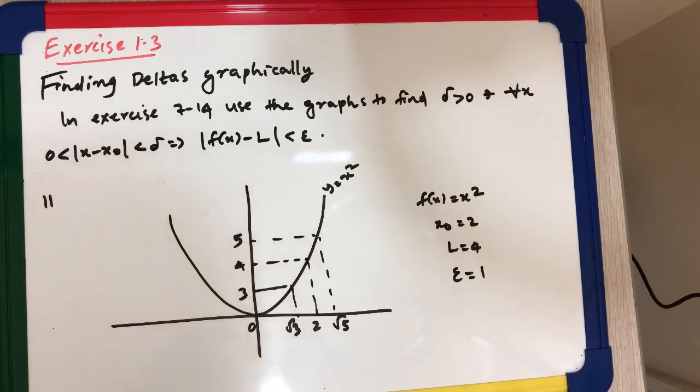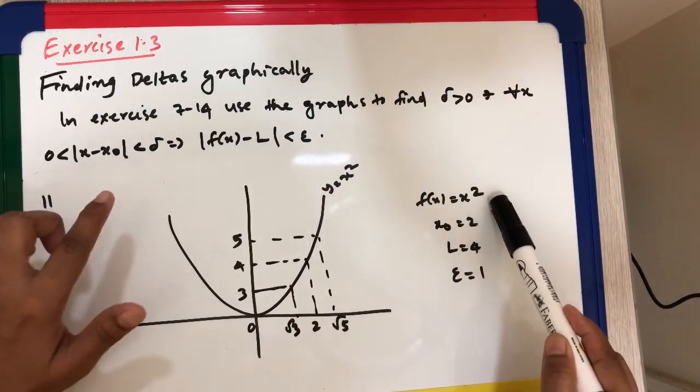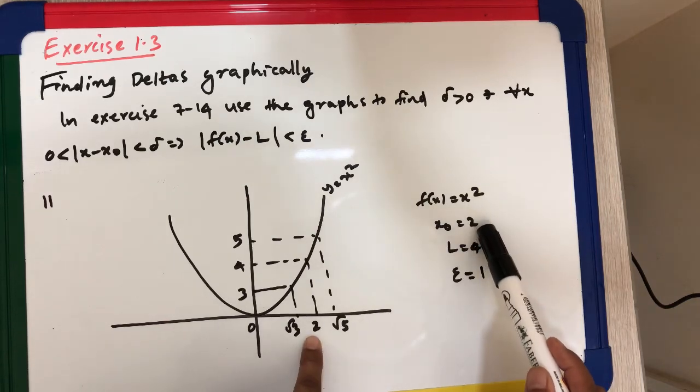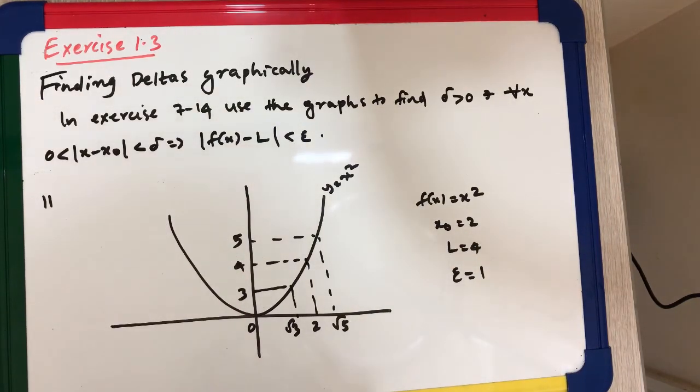Next question. Here f of x is equal to x square, x naught is equal to 2, L is equal to 4 and epsilon is equal to 1. To find delta, we have to check which is the minimum distance, root 5 minus 2 or root 3 minus 2, modulus of root 3 minus 2 or modulus of root 5 minus 2.